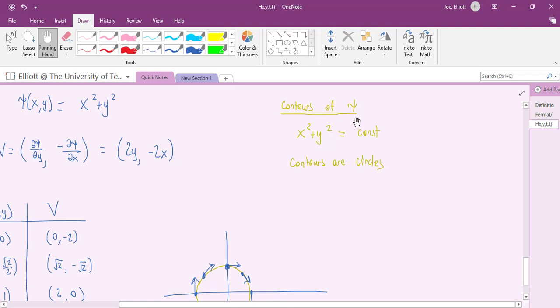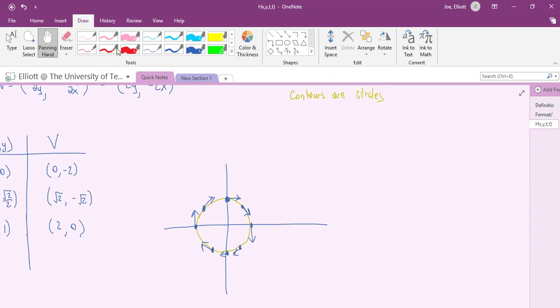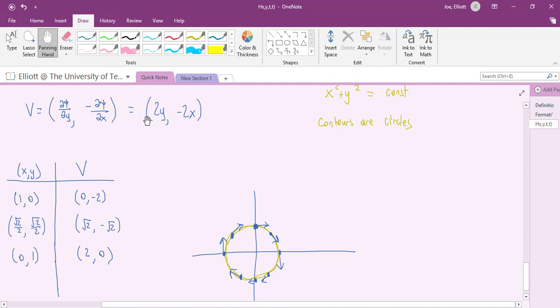So the contours of psi are going to be circles centered at the origin. Here you see that the contours of the streamline function correspond to the sketch of our vector field v.